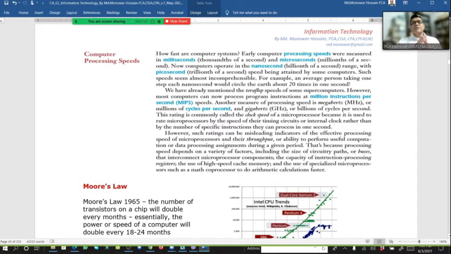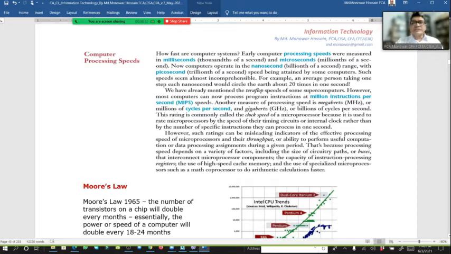Now computer operations are in nanoseconds, that means billionths of a second. If we divide 1 second by 1 billion, then we get a nanosecond. The range goes to the picosecond also, so divided by a trillion. This type of speed is coming at this moment. So from the early days to now, there is a huge difference.